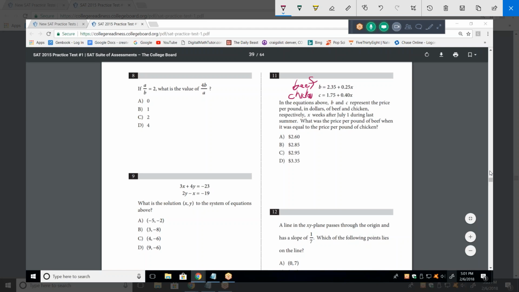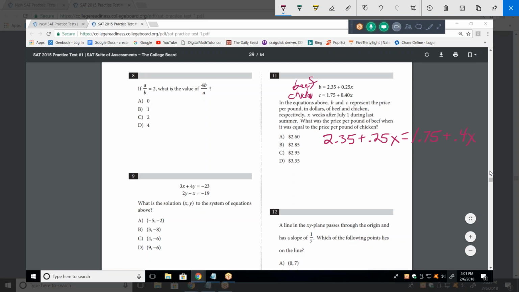So I'm going to set this equation on the top equal, in other words, B equal to C. Okay, so that gives me a linear equation that only has one variable in it, x, and that means we're going to be able to solve for x.